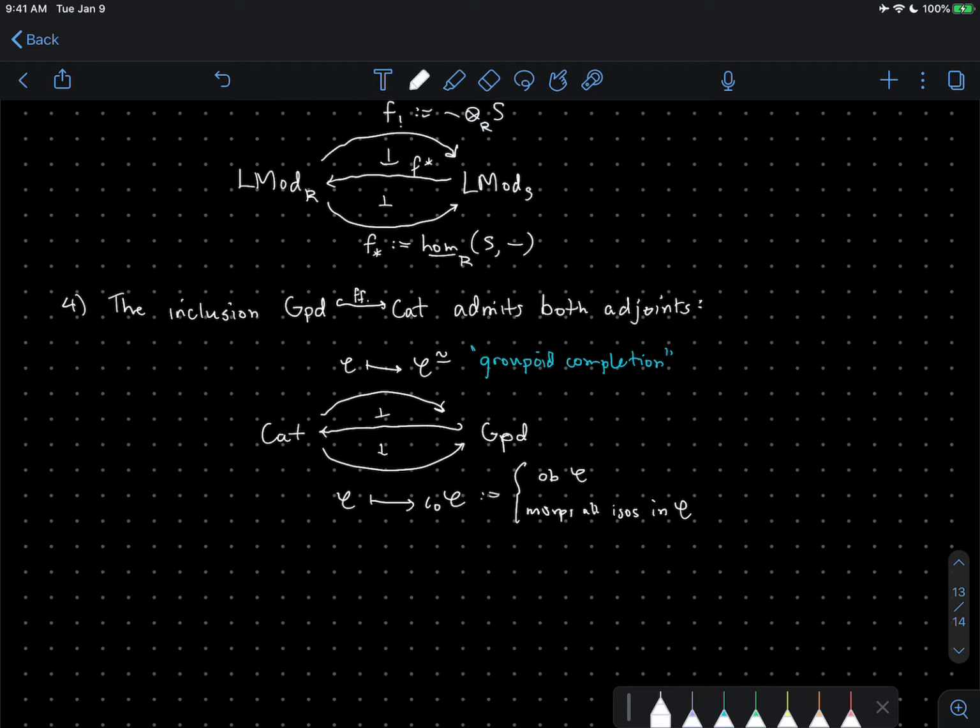And what it does is it gives us a category where we formally invert morphisms in C. Non-invertible morphisms in C. So we formally adjoin inverses to all non-invertible morphisms and then take sort of the smallest category generated by those data.